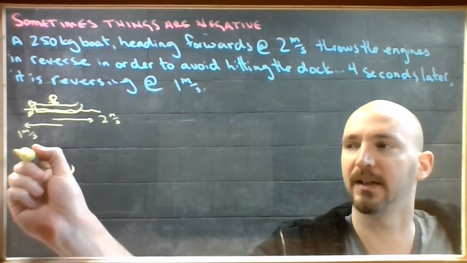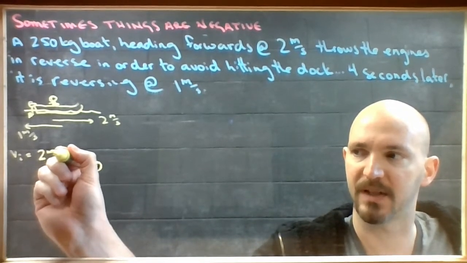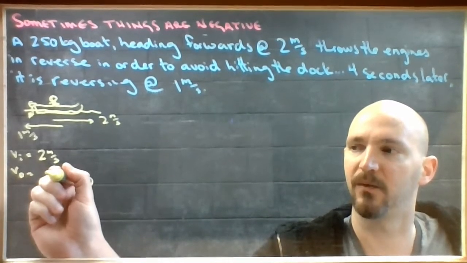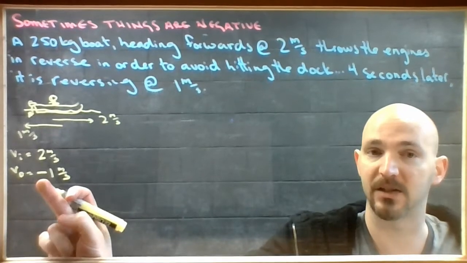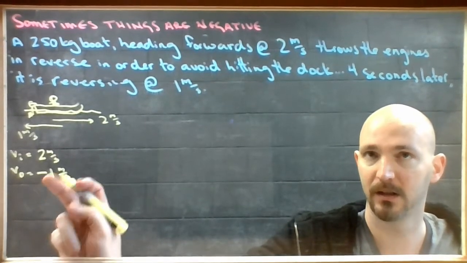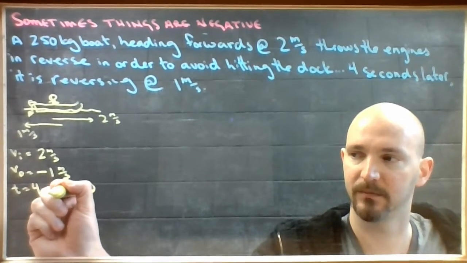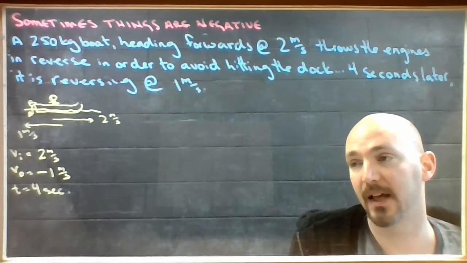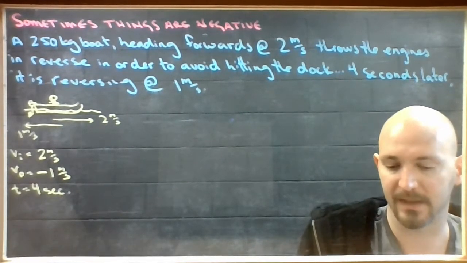So I have an initial speed of 2 meters per second to the right, and a final speed of 1 meter per second to the left, and I'm going to show that it's to the left by using a negative. I have a time of 4 seconds. So I need to work out the distance it travels and the acceleration it experiences. So let's work that out.